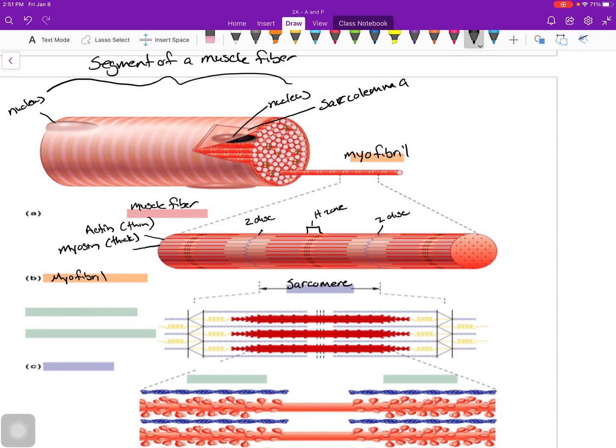Okay, so I've got my thin filament, which is actin, and my thick filament, which is myosin. So here's actin, and here's myosin. Okay, actin is the blue, and myosin is the thick in the red. All right, and this, as we said, this whole thing is referred to as a sarcomere.